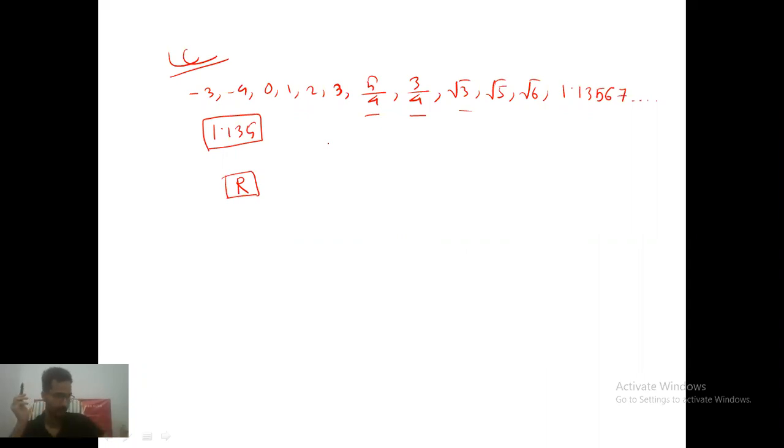Suppose, see your page number 7, all of you. Locate root 2 on the number line. That means you have to locate root 2 on the number line. So how can you locate root 2 on the number line?